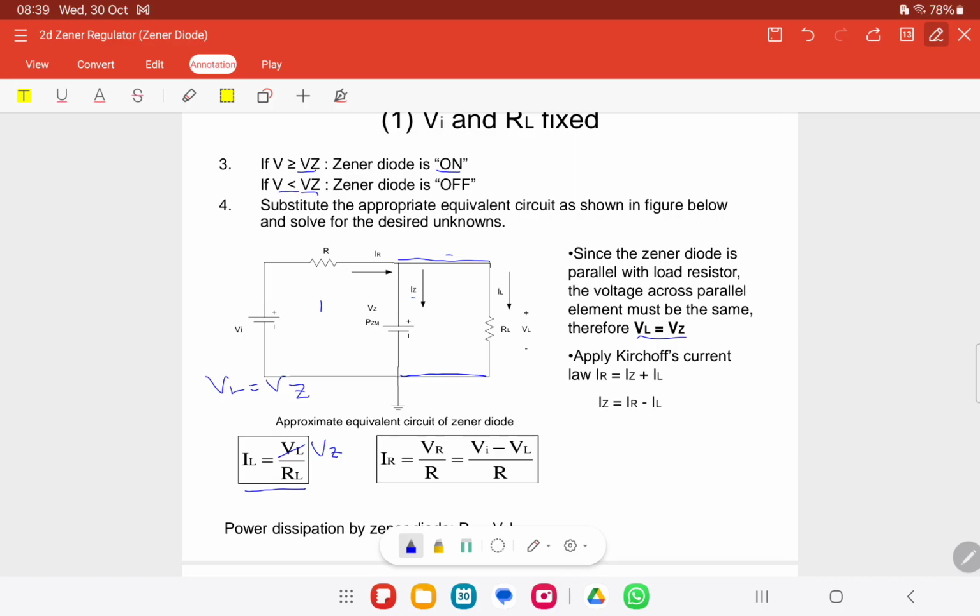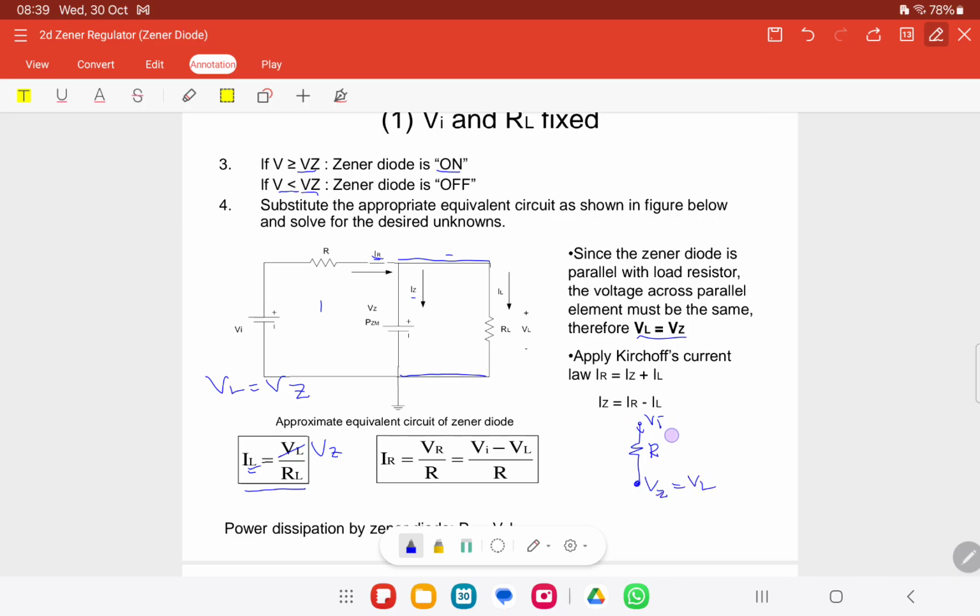Okay, so once you get the IL, now we want to get the value for IR. If I draw it like this, so this one is R, this is VI, this one is VZ, VL.